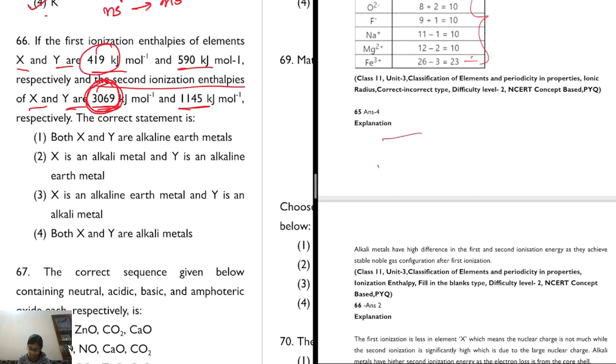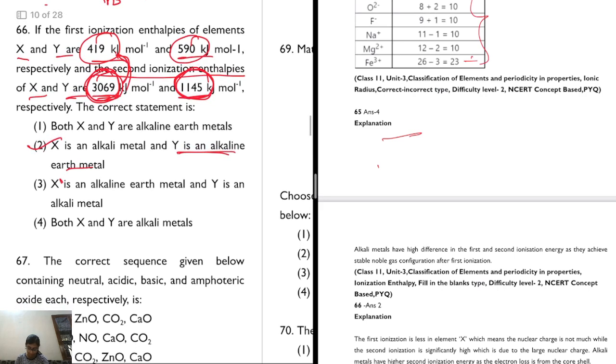So X is an alkali metal and Y is an alkaline earth metal. You see, the difference is not so much as compared to this. So Y will be an alkaline earth metal. Let's move to the next question.